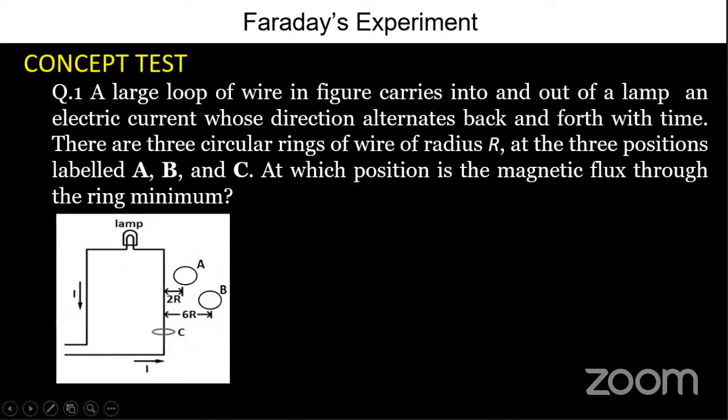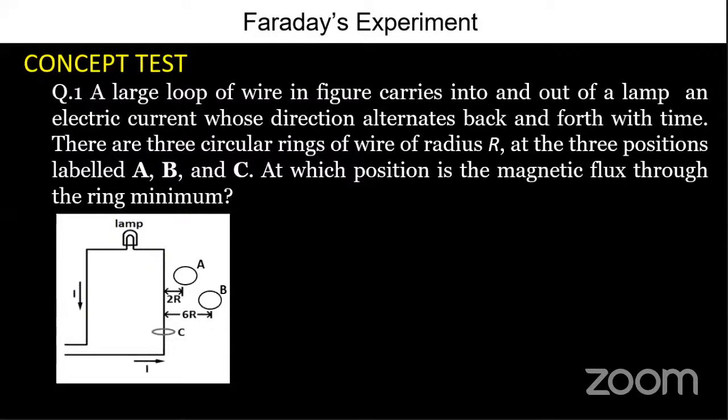From Faraday's experiment, there's a question. Guys, try to answer this question. We have three rings, A, B, and C. Out of these three rings, which ring will have the minimum magnetic flux?